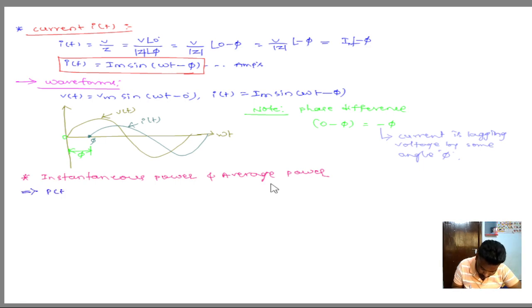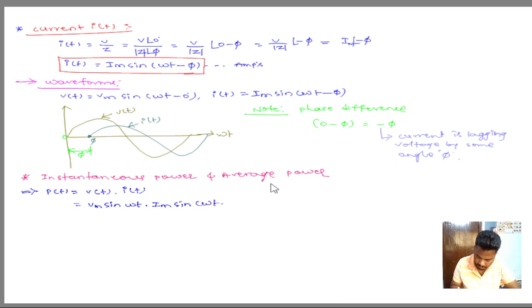P of t is equal to V of t into I of t. We know the voltage equation is Vm sin omega t, and the current is Im sin of omega t minus phi. Take Vm Im as constant: Vm Im sin omega t into sin of omega t minus phi.